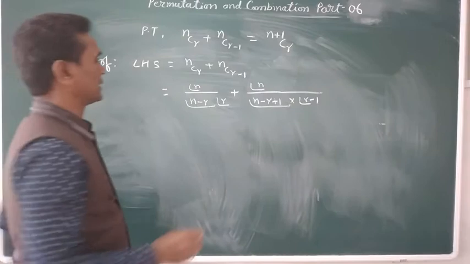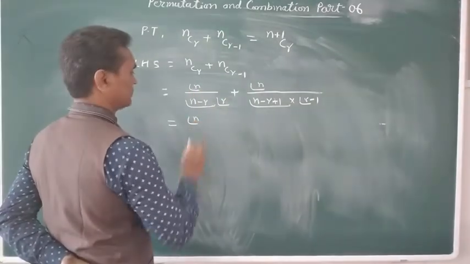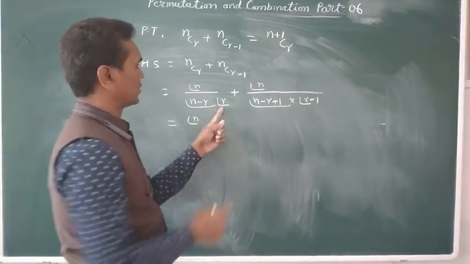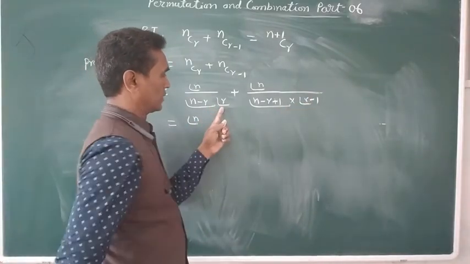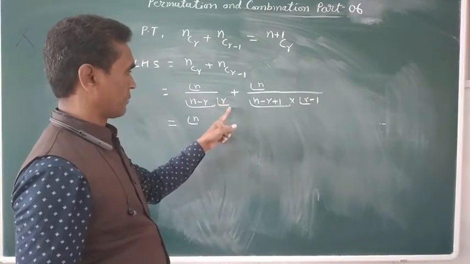Now take factorial n common, and from here factorial r and factorial (r minus 1). So we can reduce factorial r into r into factorial (r minus 1).